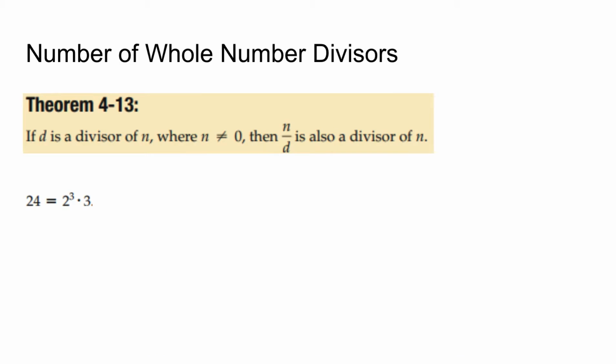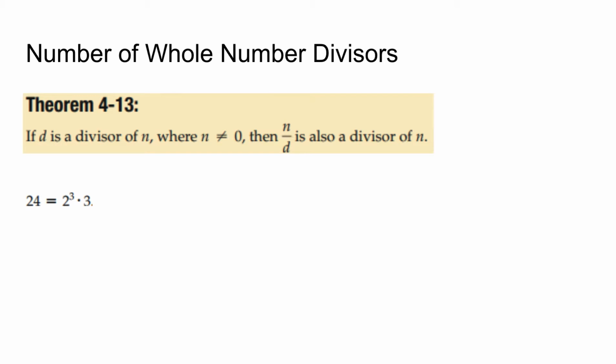Okay? The theorem that we're going to talk about is theorem 4.13. You don't have to remember the number of theorems, okay? But you just need to understand what's going on there. So this theorem is talking about if d is a divisor of a number n, where n is not 0, then n divided by d is also a divisor of n.